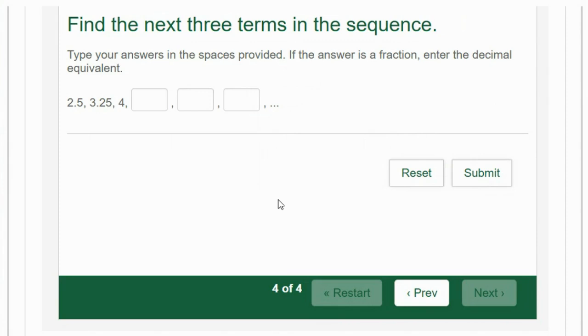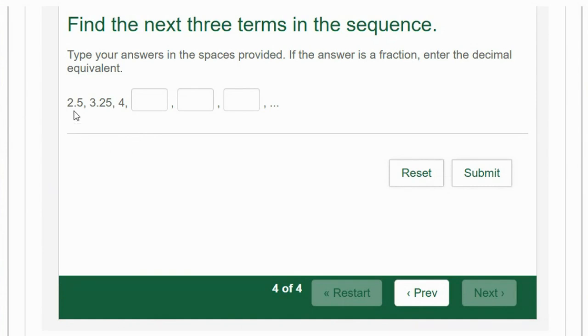And finally, this one. 2.5, 3.25, 4. I'll give you a second if you're calculating. So again, this shouldn't be hard as long as you're paying attention to the details.